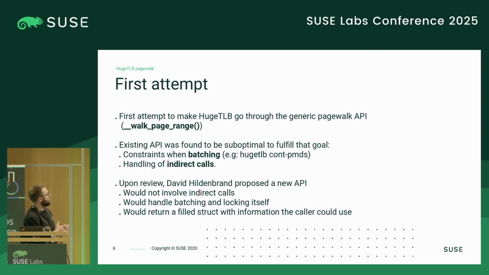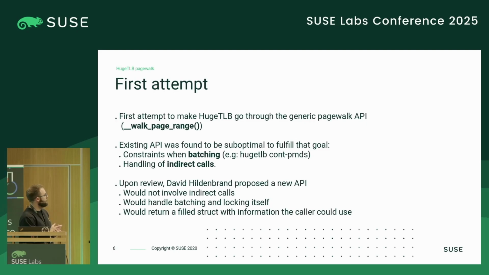It has some constraints when batching, because for instance HugeTLB can be mapped with contiguous PTEs and contiguous PMDs as well, and making that work with the current API was awful. I made it work, but it was not really nice to see. And there were also some complaints that the current API with all those indirect calls could be improved.